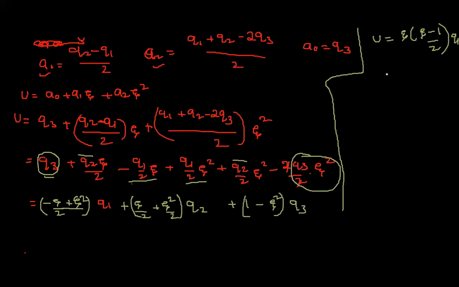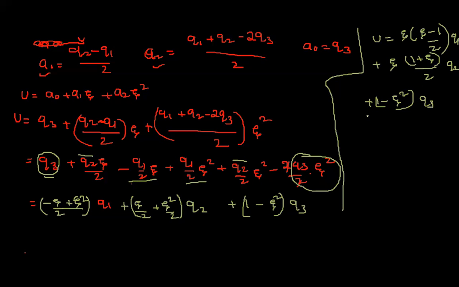The first term I have simplified like this. Therefore, in the second term, let us take zeta as common, so it is possible to say 1 plus zeta divided by 2 times q2. Then the last term as it is, I put down 1 minus zeta square times q3.